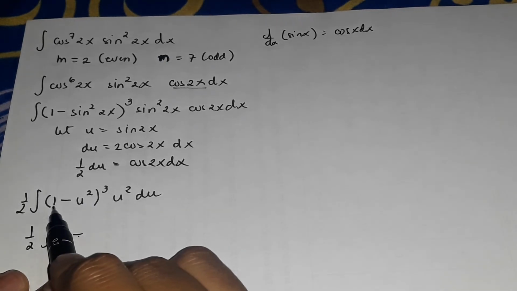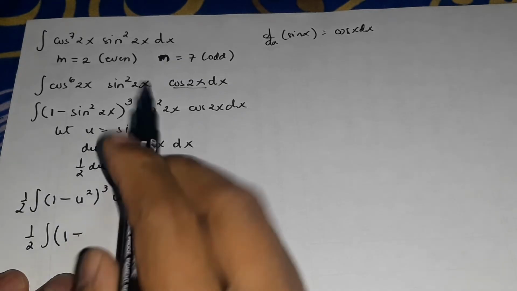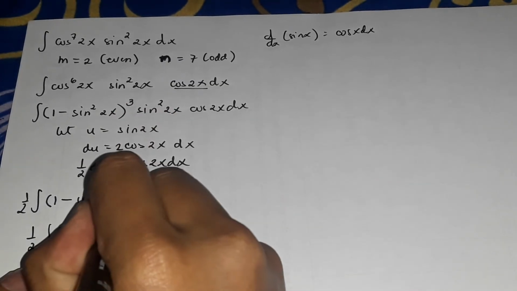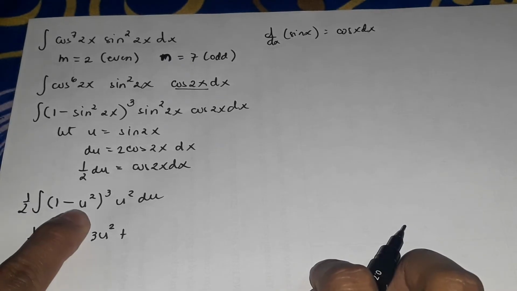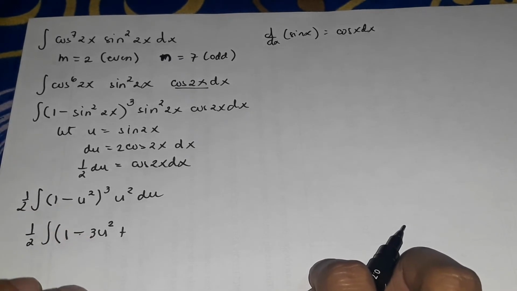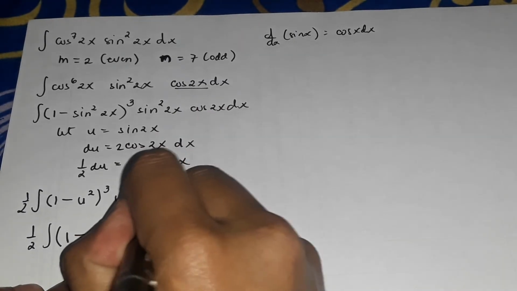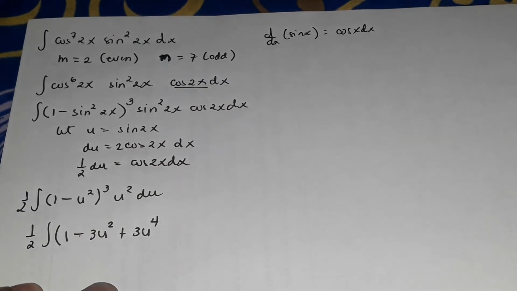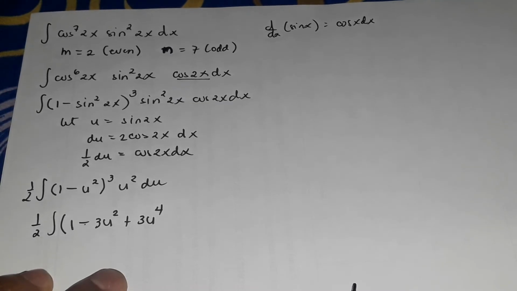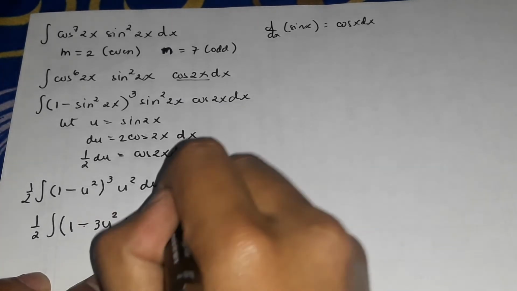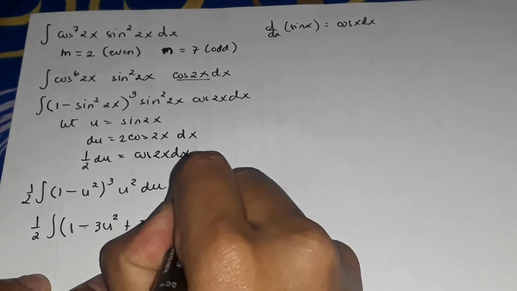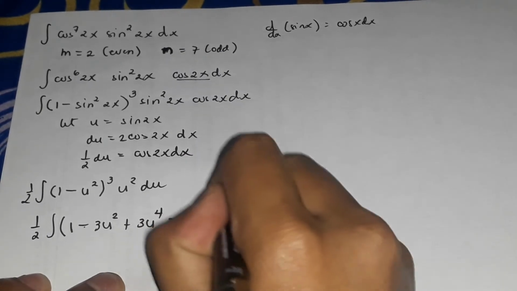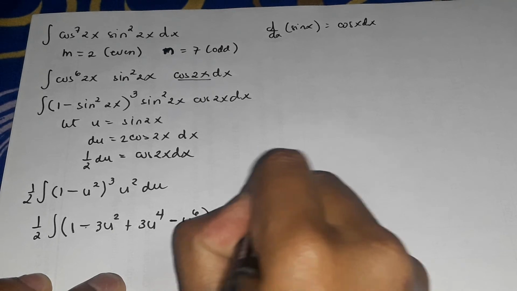So 1 square is 1 times u square is u squared times 3, 3u square, plus thrice the product of the first and the square of the second. The square of u square is u to the 4 times 1, then multiply it by 3, 3u to the 4. And then, the last term would be cube of the second. Cube of u square is u to the 6. So, minus u to the 6 times u square du.